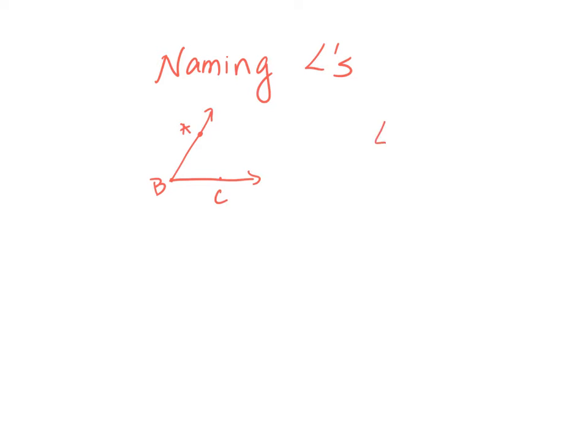Angle ABC or CBA, as long as the B is in the middle. But in this case, we can also name it angle B, because at the elbow, there's no complication. It's not like you have to figure out what they're talking about, okay?